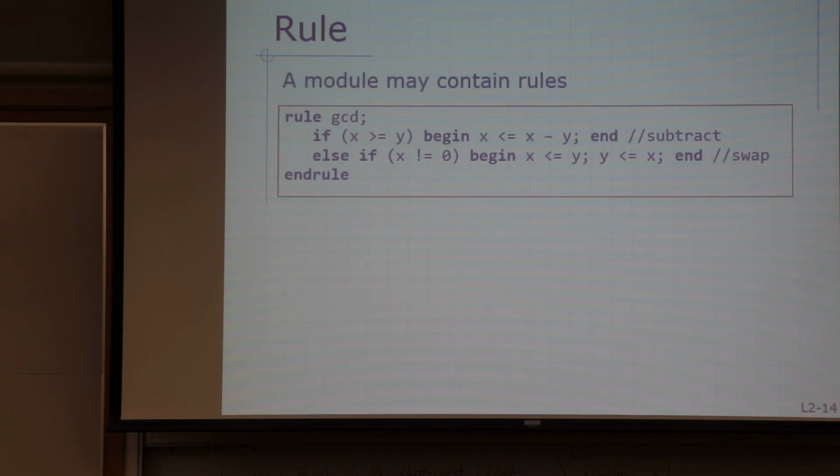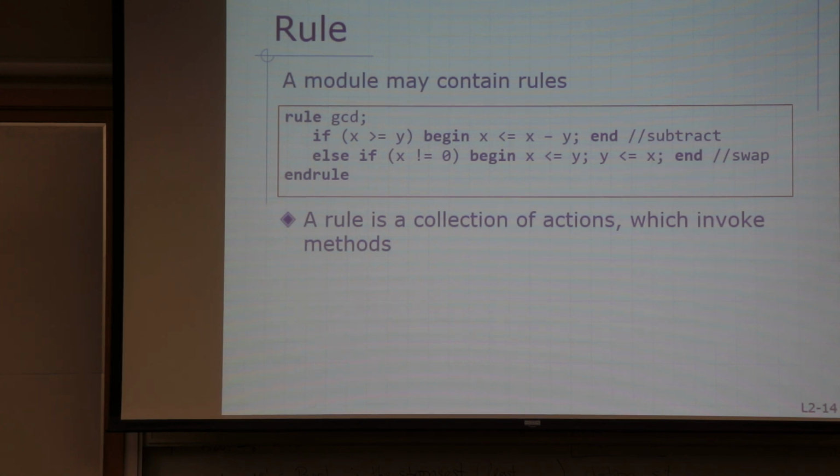Okay, so now let's examine this rule again, which I showed you here. And what it says is several things. A rule is a collection of actions which invoke methods. So in this trivial case, all the methods I'm invoking are just doing some reads and writes on the register, or some very simple arithmetic, X minus Y, or some very simple comparisons.